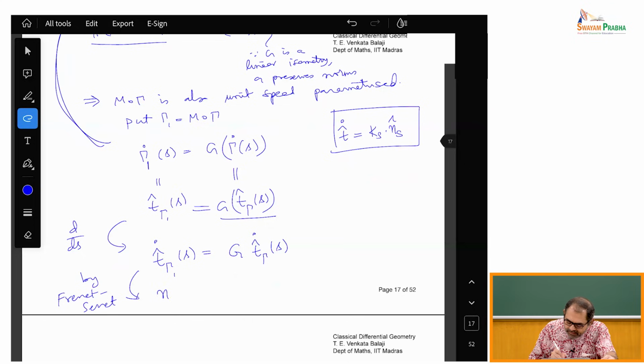You will get n_s sub gamma 1 cap of s times, so in fact let me write the scalar on the left.